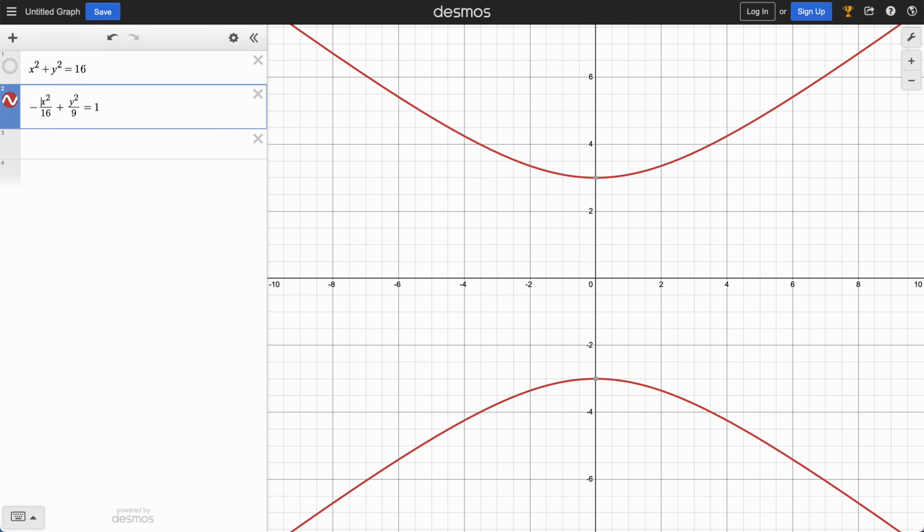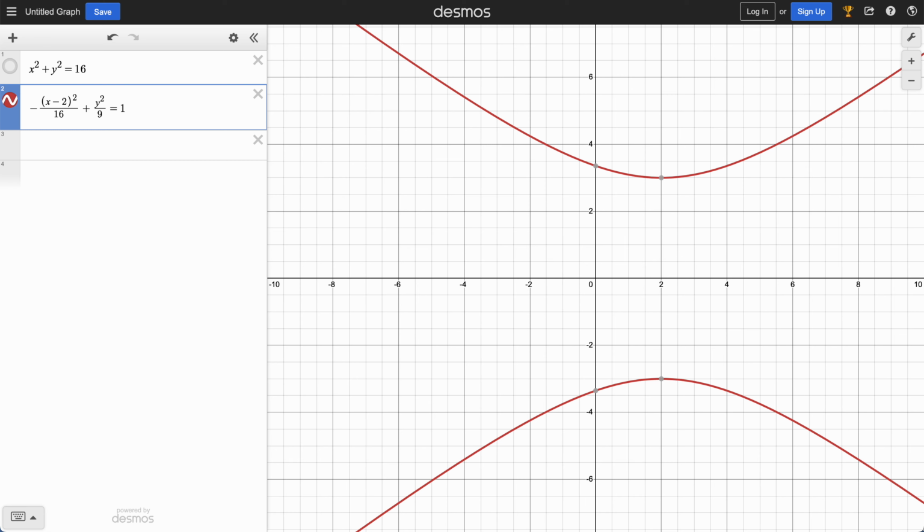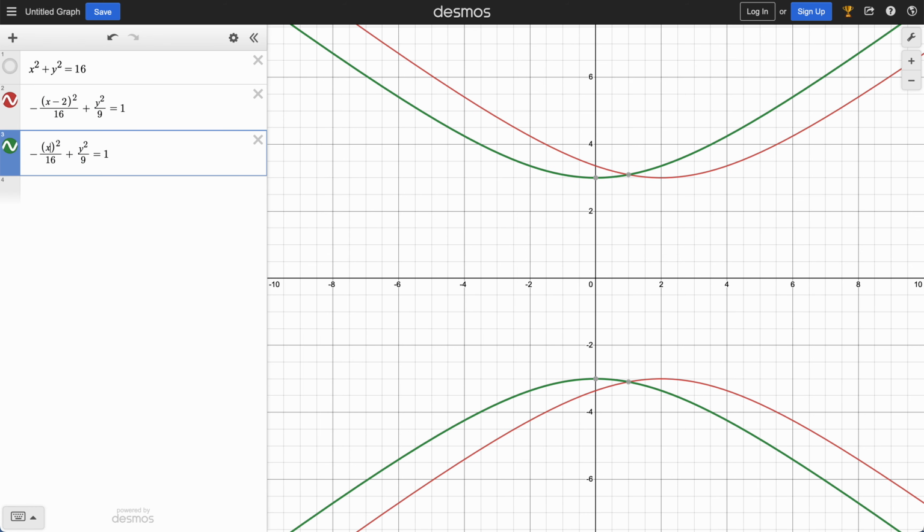Now, just like the ellipse, as I start moving things around, I'm going to notice patterns. Here, let me get my original one up. My green is my original and my red is my shift. I was at (0, 3), and now I'm over here at (2, 3).